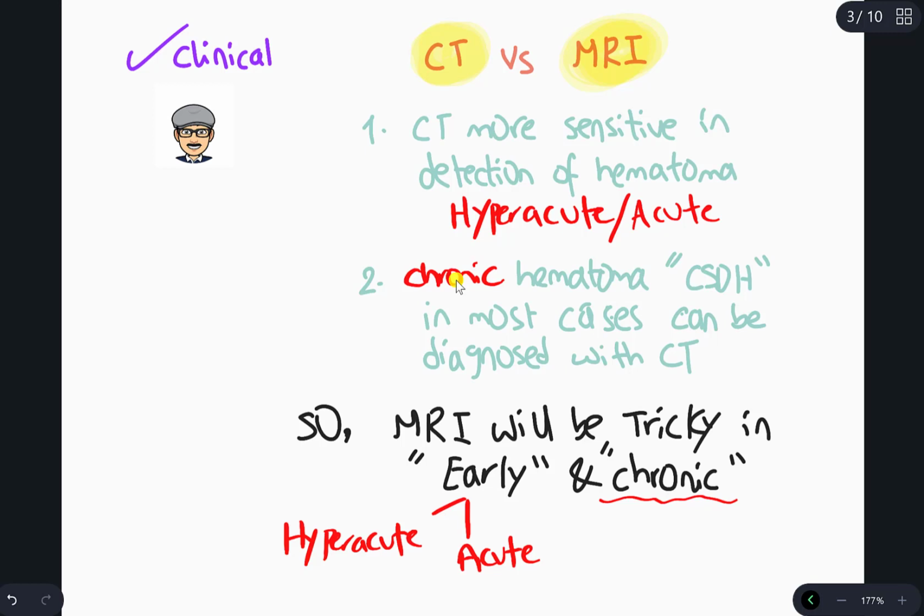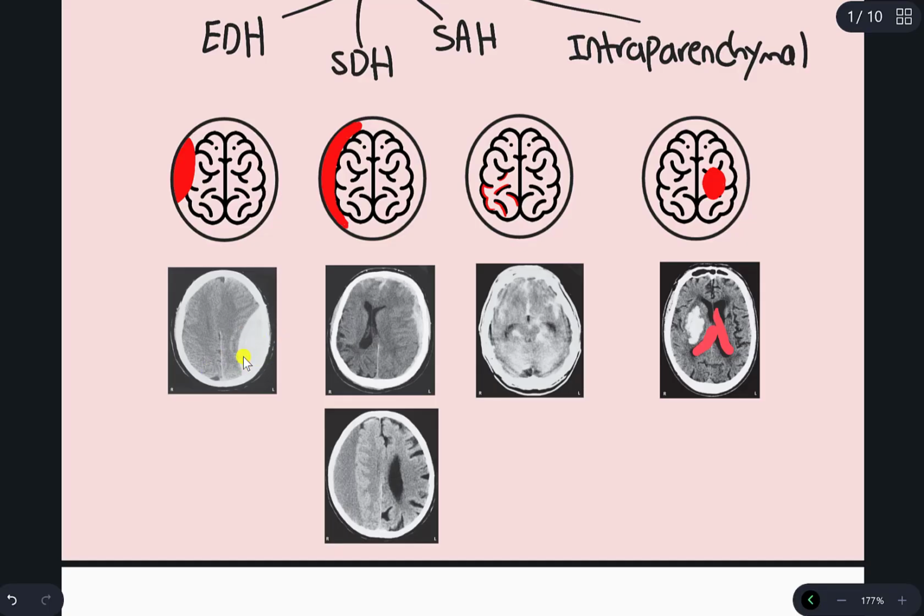If a patient presents in the emergency department, whether neurology or neurosurgery, with signs suspected of stroke or focal neurological deficit or seizures or head trauma, and you need to do imaging, you will go for CT without doubt, because CT is highly sensitive in diagnosis of acute hematoma, like this one: traumatic epidural hematoma, traumatic subdural hematoma, subarachnoid hemorrhage, and intraparenchymal hemorrhage. There is no doubt that these cases are easily diagnosed with CT.